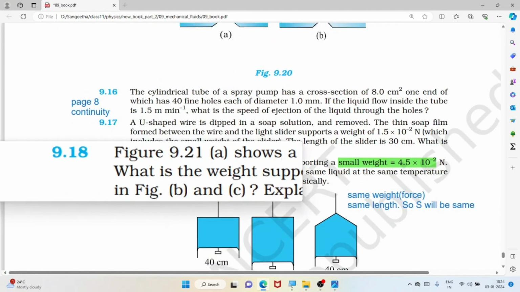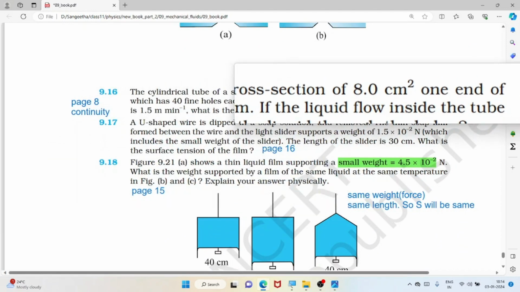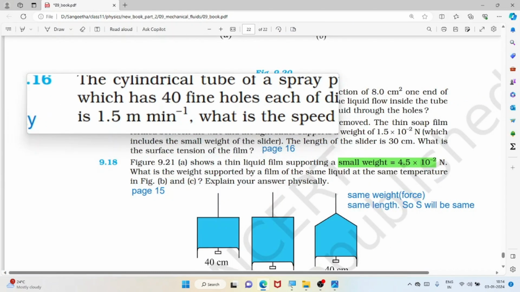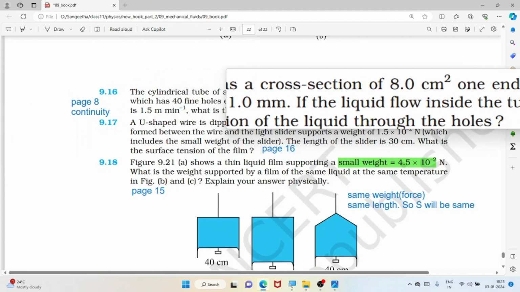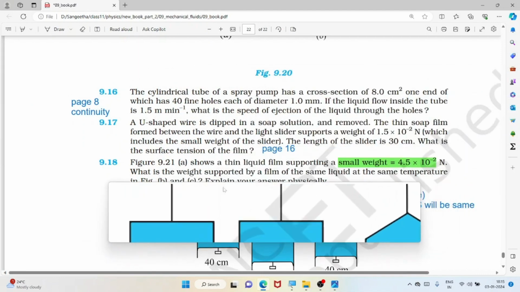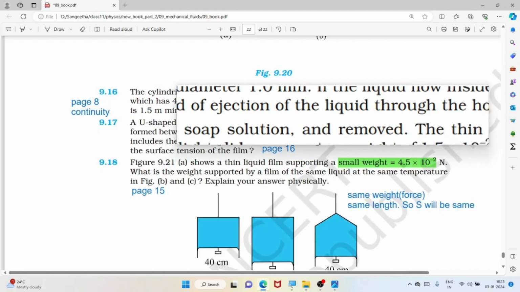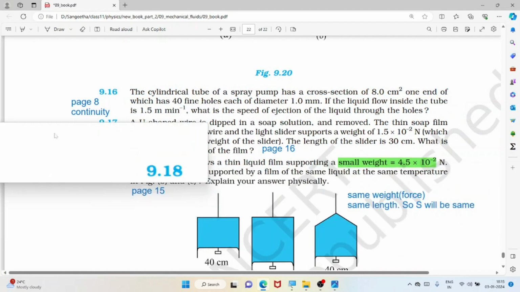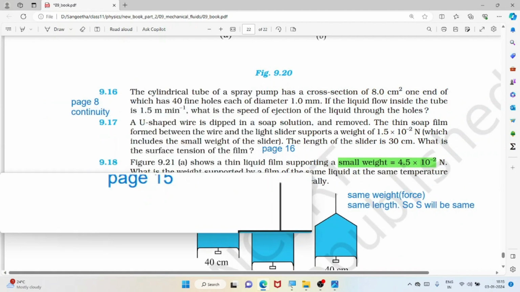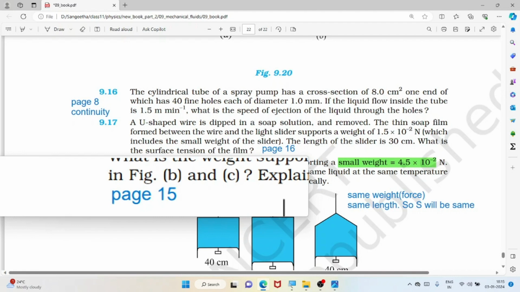In a cylindrical tube of the spray pump with a cross section, okay, at the end of it there are 40 fine holes of this diameter. If the liquid flows inside the tube at this much, what is the speed of ejection? This is using the equation of continuity, AV equal to constant.